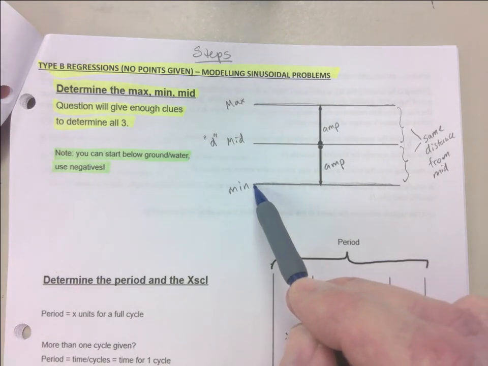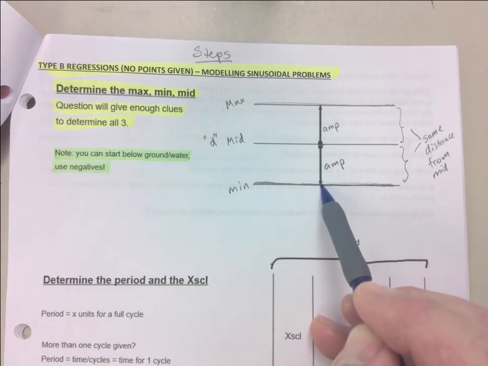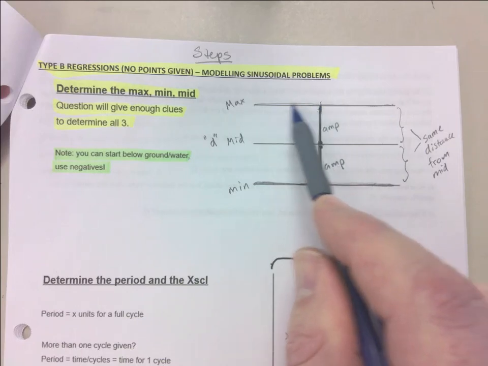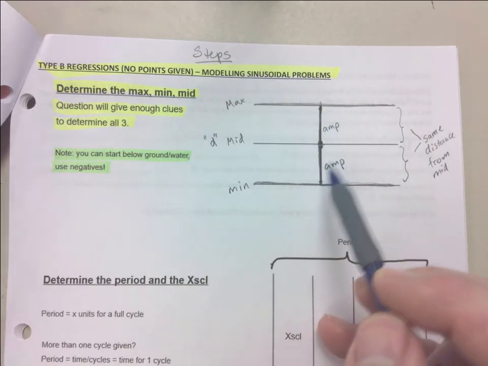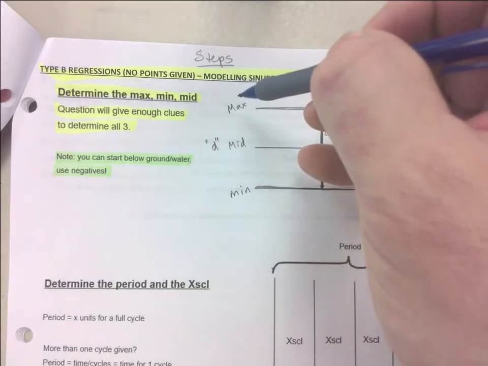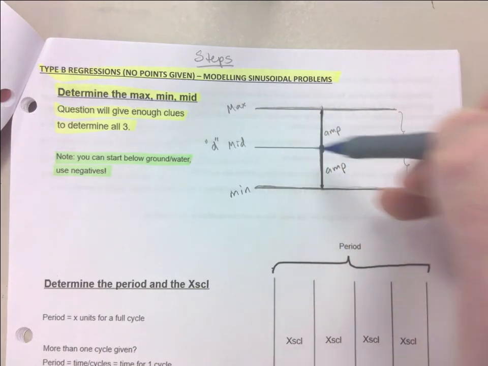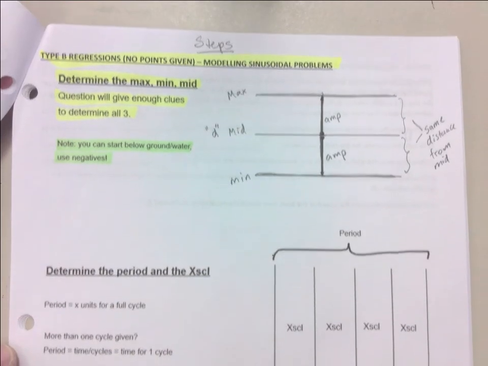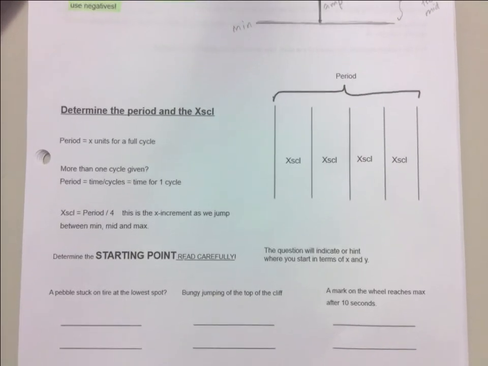You should know that if you're at 0 here, the diameter will get you all the way to the top. Okay, guys? So there will be various ways to figure out these different pieces. If you know the low and you know the high, you can add them and divide by 2 to get your mid. That's one way of doing it. Enough said. You'll see when we do the example. I just want to give you a little heads up.